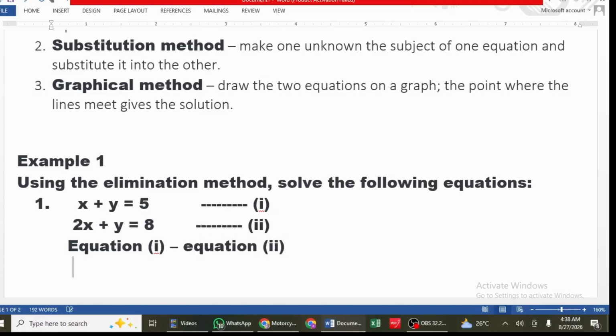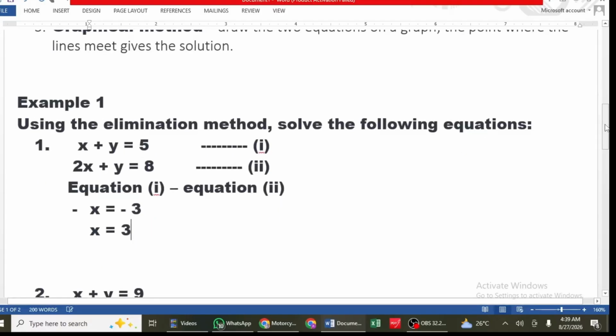And that will give us x in equation 1 minus 2x in equation 2, which gives minus x. Then y minus y will give you 0. Then you go to the other side. 5 minus 8 will give you minus 3. From there, when you divide both sides by negative 1, the value of x will be equal to 3.